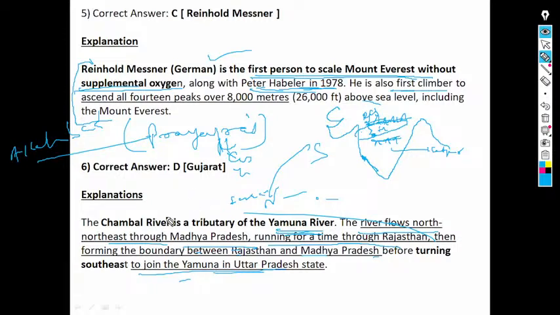The existence of Saraswati is said to be beneath the plate or underground, so it is subjected to discussion, I mean debatable.